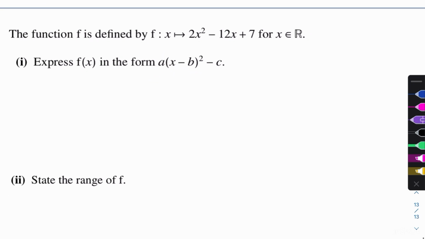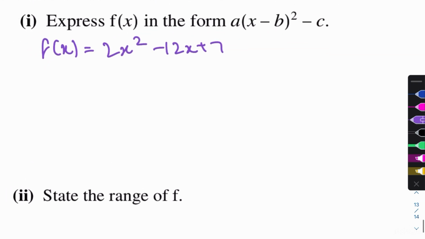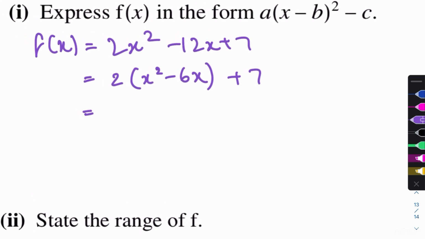So that's the first thing we're going to do as well. So we've got f(x) equals 2x squared minus 12x plus 7. Let's take the 2 out. So 2x squared minus 6x. I'm going to leave the 7 as is because I just think it'll make it easier in the end.